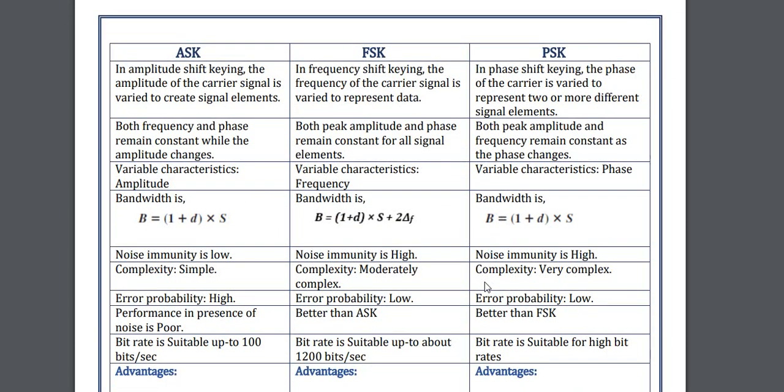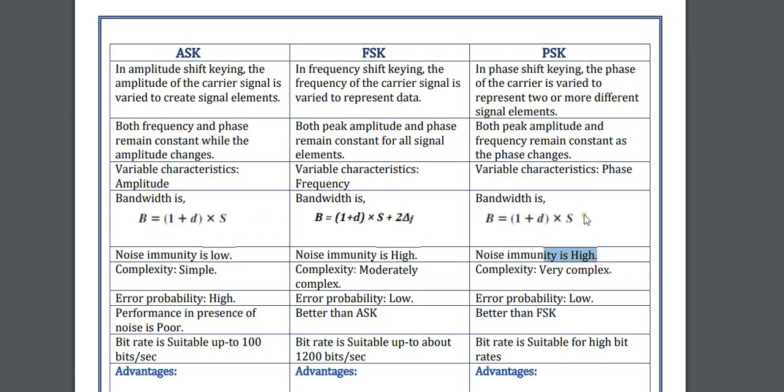Here are the differences between ASK, FSK and PSK. You can take a snap of this and go through them. The basic difference is that ASK is simple, FSK is medium level, and PSK is very complex. Noise immunity is very low in ASK. In FSK it is high, and in PSK the noise immunity is again high.